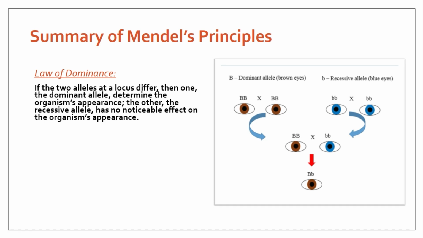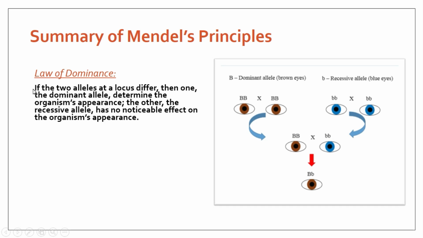in the law of dominance, or the first principle of Mendel, he said that for each gene, individuals are receiving two different alleles, and from these two different alleles, only one of them is dominant. It means one of them is appearing, or visible, and the second allele would be recessive, or invisible or unnoticeable.